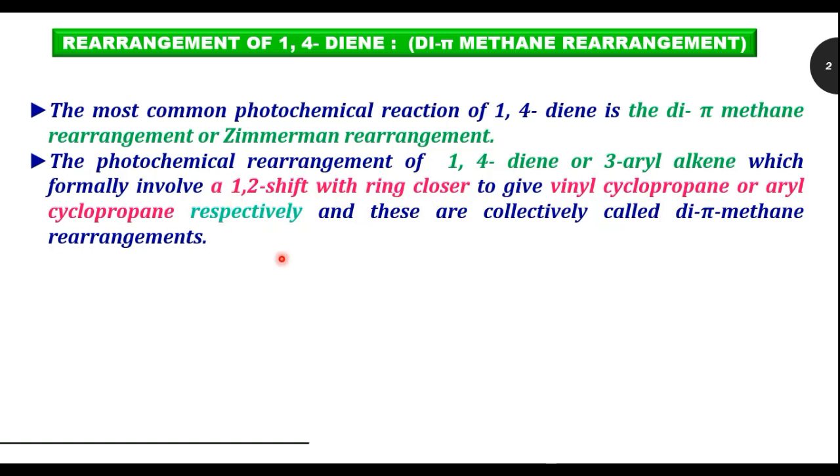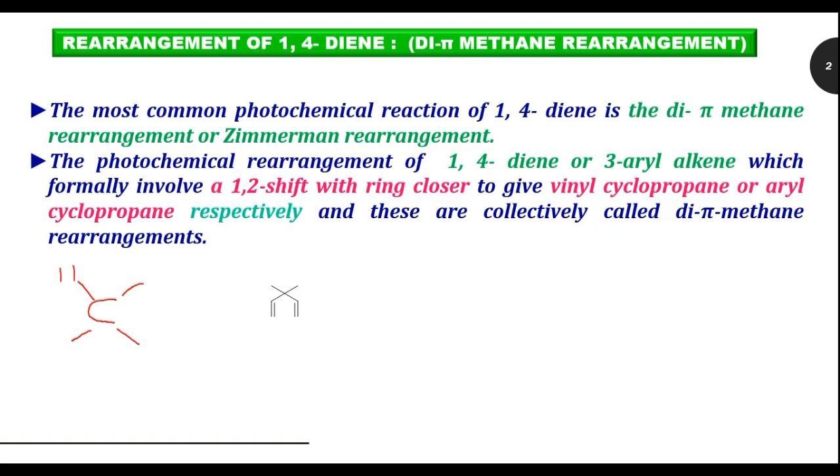So you see the example. This is a 1,4-diene. So why are we calling it di-pi-methane rearrangement? What is methane? Methane has a single carbon, and the carbon has valency 4.